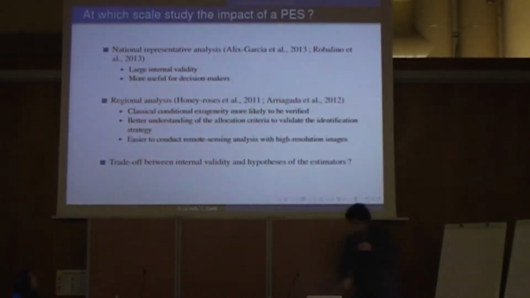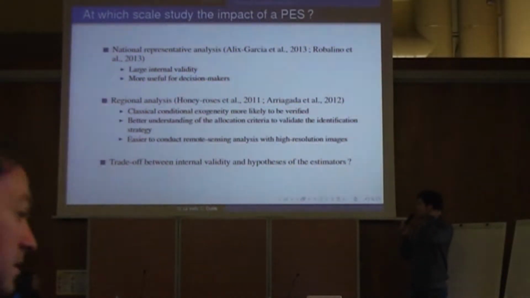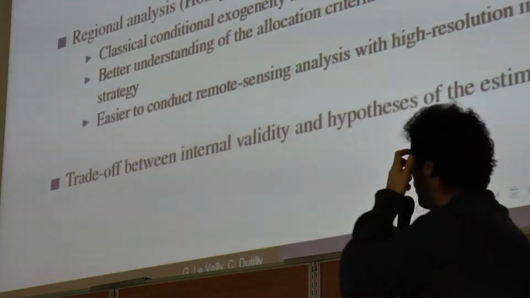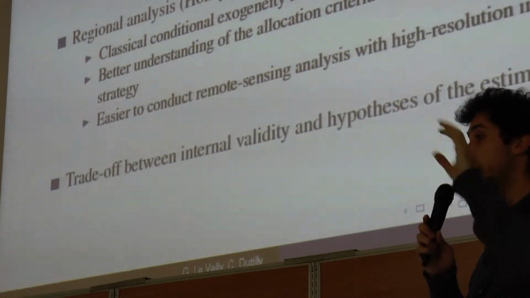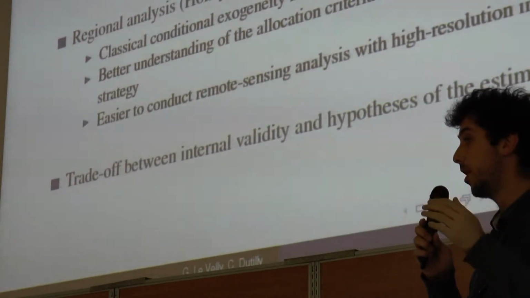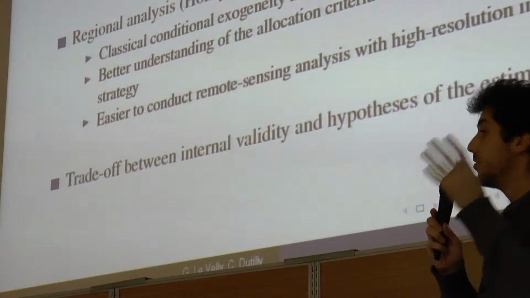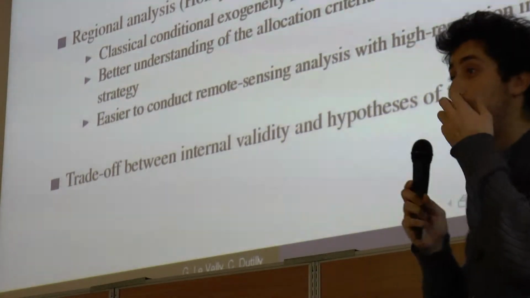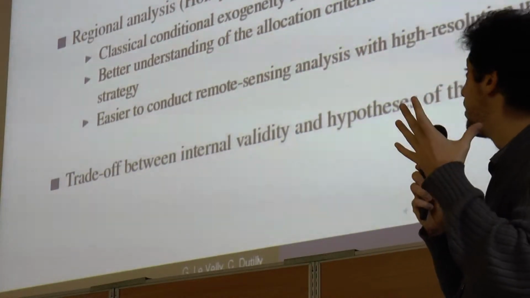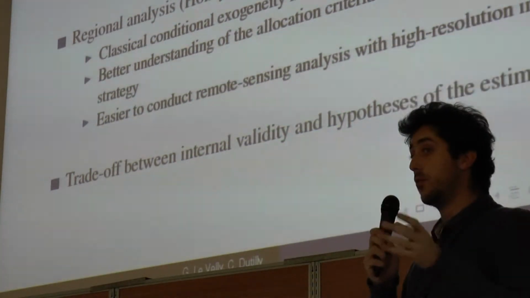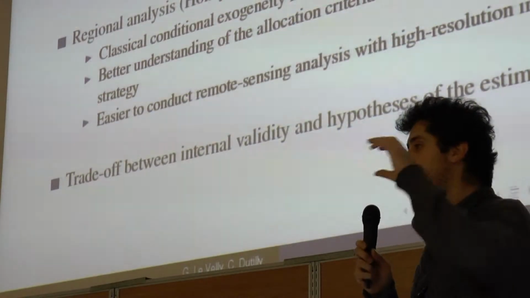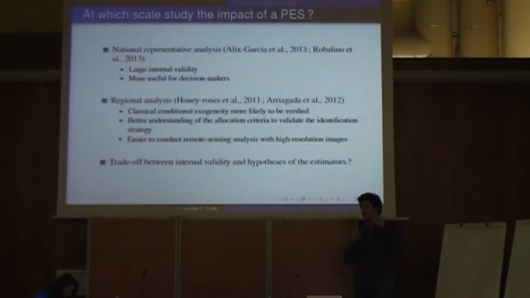Okay, so the first question you have to ask when you're trying to design an impact analysis is: which scale am I willing to work at? You have 2 trends in the literature: either you're working at national level or you're working at regional level. The point of working at national level is that you have a larger internal validity, and it's what the decision maker wants, a result: what was the impact of my program.